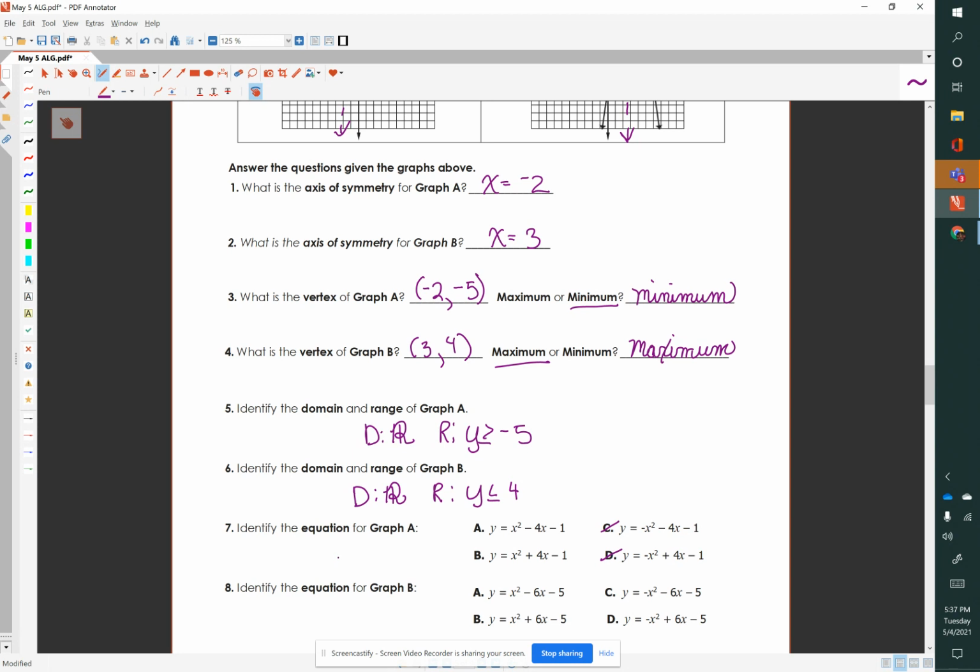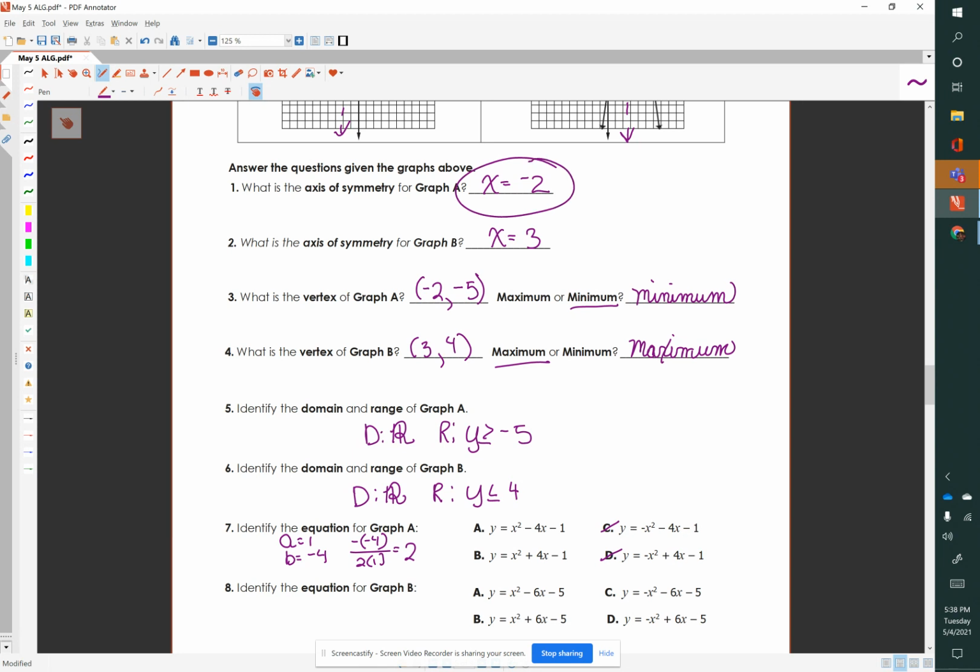Let's look at A. We have an A value of 1 and a B value of -4. So let's evaluate and see if we end up with x equals -2. -4 divided by 2 times 1 equals 2, positive 2. And we need a -2 up here.